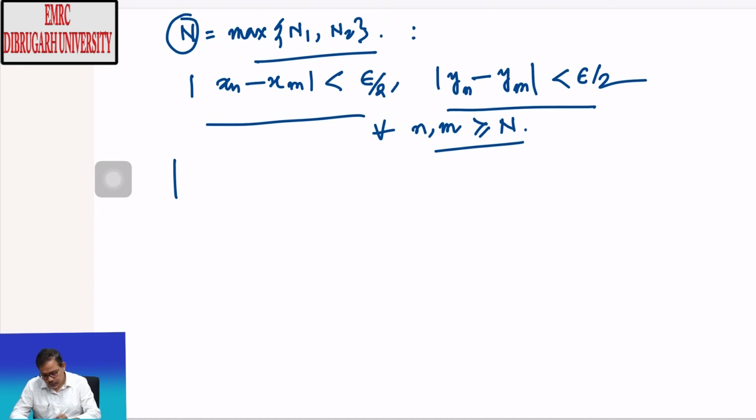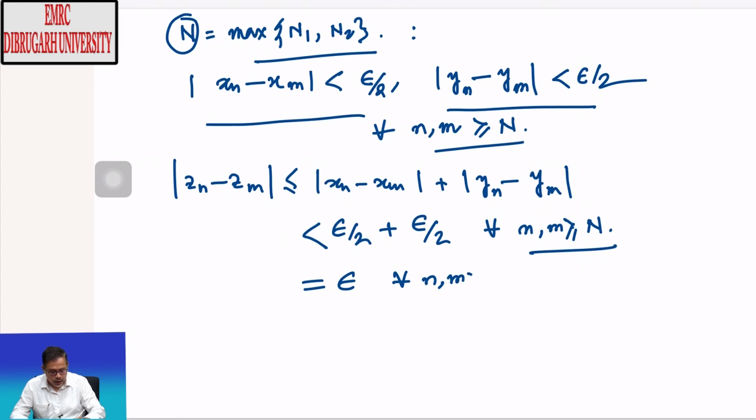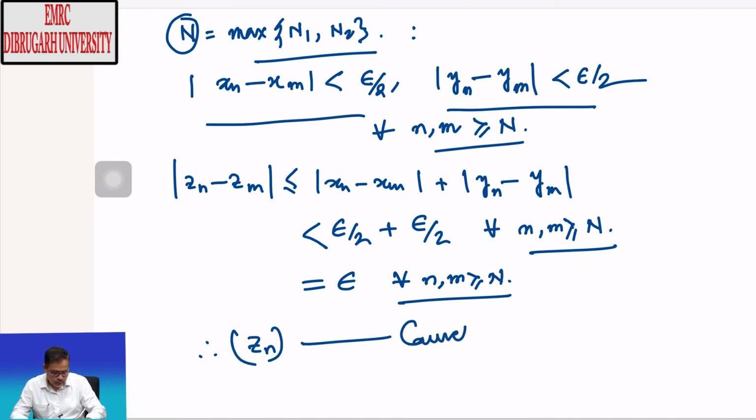And then z n minus z m would be less than x n minus x m plus y n minus y m. This is less than epsilon by 2 plus epsilon by 2, which is epsilon for all n, m greater than or equal to N. Okay. So, therefore, z n is a Cauchy sequence.